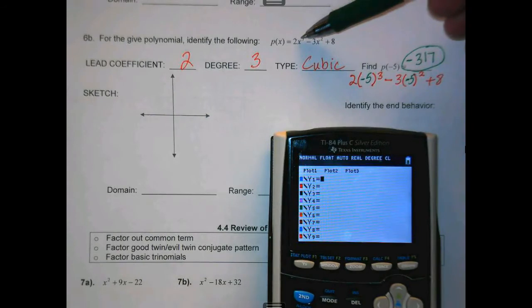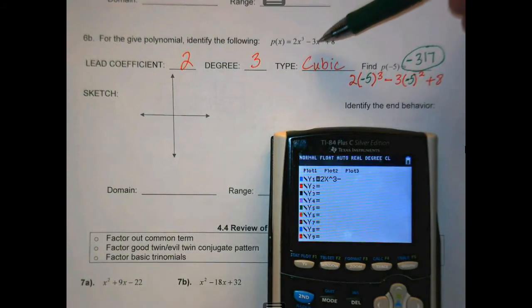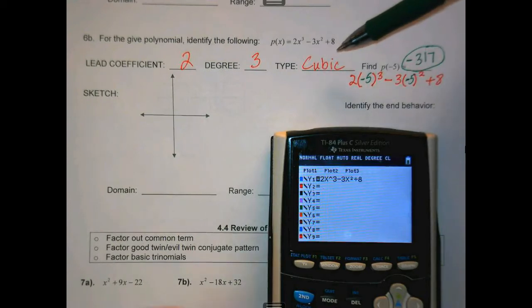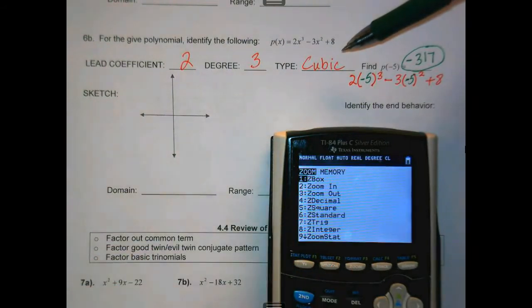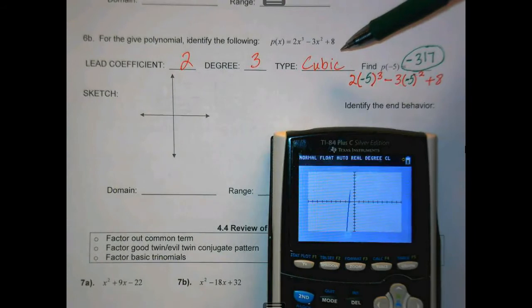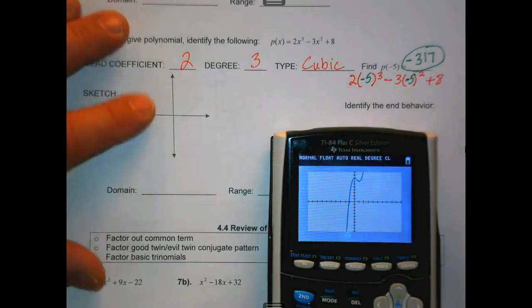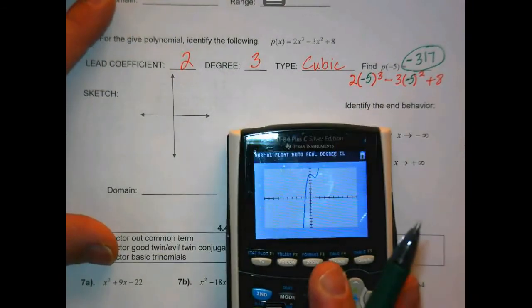Okay, graph it. 2x cubed minus 3x squared plus 8. Graph it. I'm going to put this in Zoom Standard. Okay, so we kind of have to make somewhat of an attempt to make a nice picture.